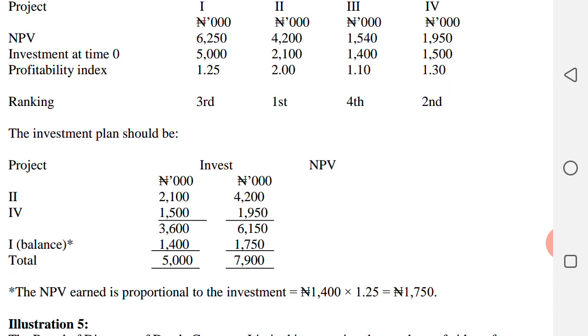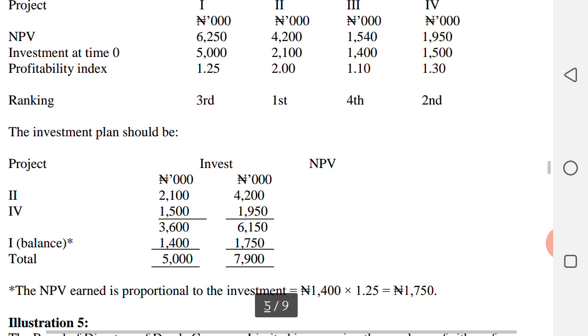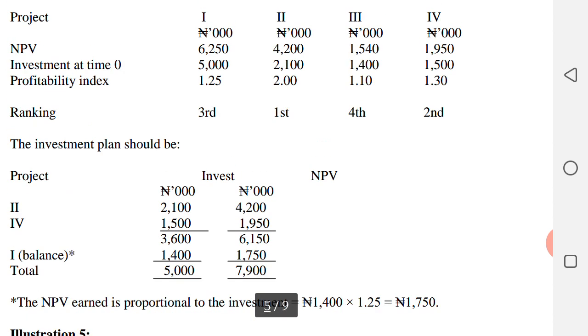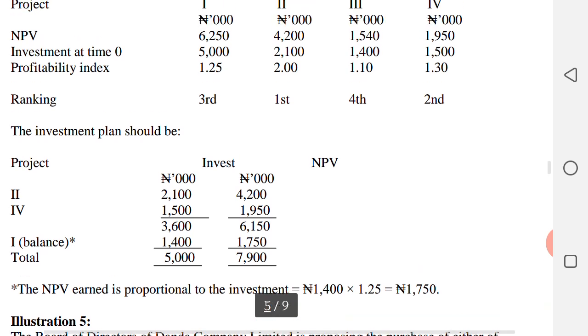Now how do we know what to invest? We invest the balance, which is 1,400,000. How do we know the particular NPV? The NPV of the project is 6,250,000, which is 5 million times 1.25. So 5 million times 1.25 gives us the NPV. Now we're not investing 5 million, we're investing 1.4 million.